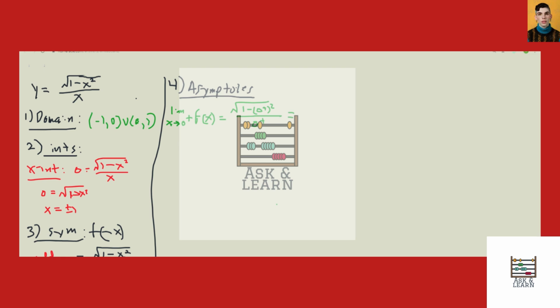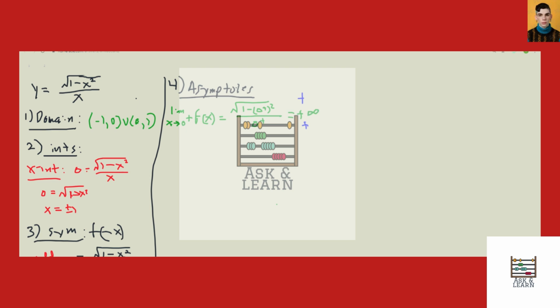Now, if I square something slightly to the right of 0, that's still going to be a very small number that's close to 0. And if I do 1 minus that, it's still going to be positive. And the square root of a positive number will give us something positive. And 0 from the right is going to be positive. So positive over positive is going to be positive. So this function will go to positive infinity.